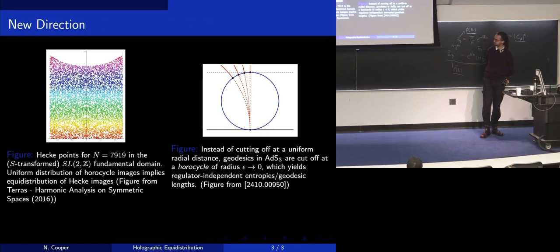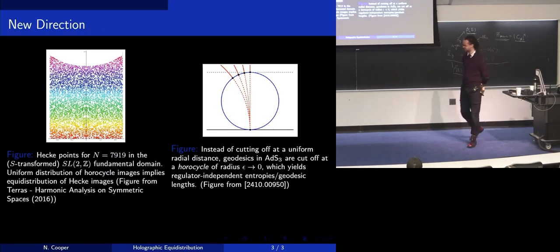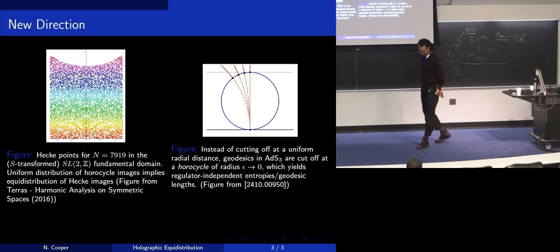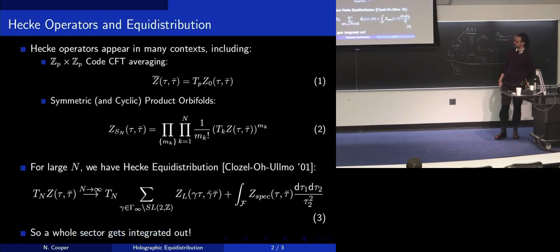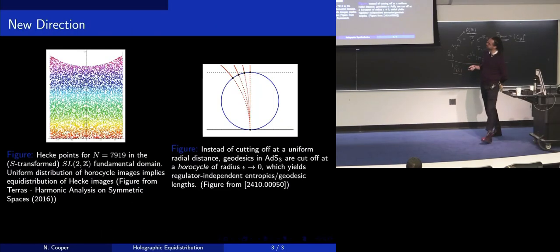Okay, so a little bit of some tentative interpretation for this. It turns out that this Hecke equidistribution theorem, that all of the images of the Hecke operator are converging to an integral, sounds like what it's called, equidistribution. This happens to be implied by what's called horocycle uniform distribution.